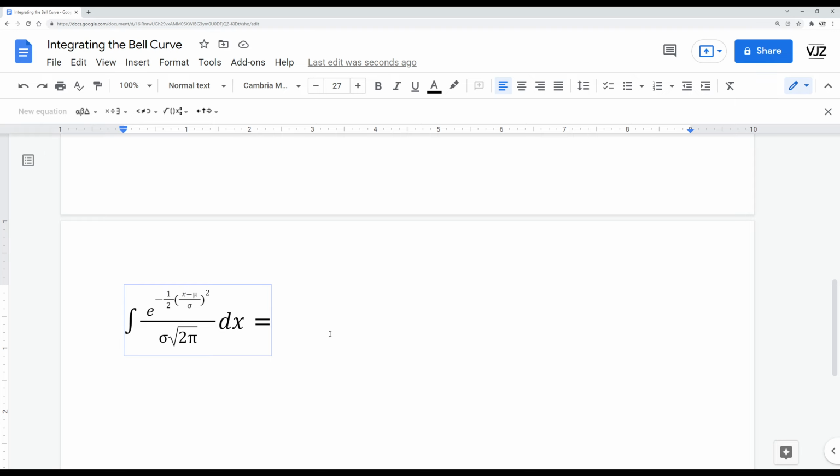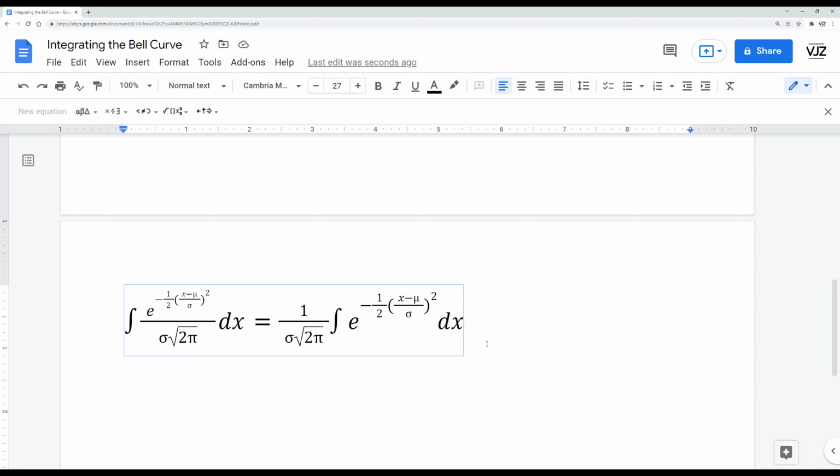So we are going to pull that out, so that the denominator is sigma times the square root of 2 pi. And for the numerator, we have that pesky x variable in there, so we have to remain that in the integral, because we're integrating with respect to x. So that is what we've done so far.